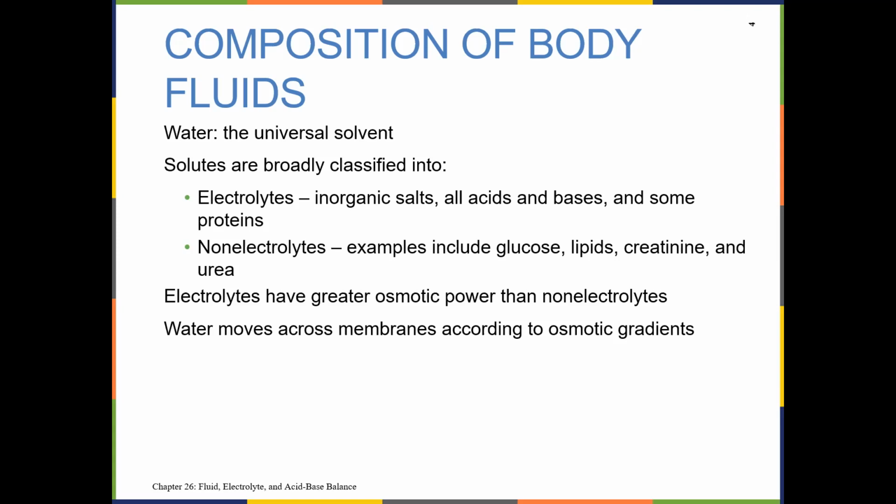OH groups are negative. So these are the salts, the acids, and the bases that will have a charge, like hydrochloric acid, positive hydrogen, negative chlorine. Sodium chloride, positive sodium, negative chlorine. These are what we call the electrolytes because they will hold a positive or a negative charge.